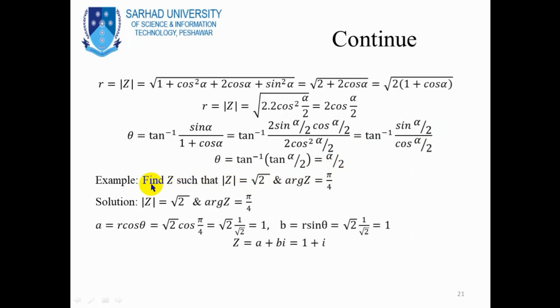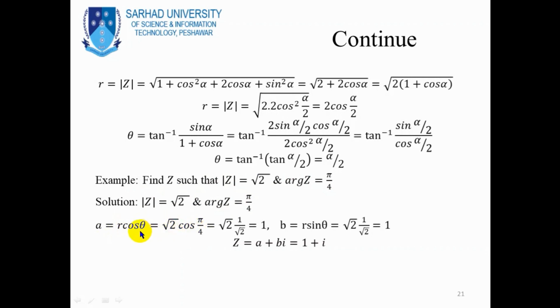Now another problem, find z such that magnitude of z is equal to under root 2 and argument of z is equal to pi by 4. So magnitude of z is equal to square root of 2 and argument of z is equal to pi by 4. So in this problem, a is equal to r cos theta, which is equal to under root 2 cos pi by 4. Under root 2 represents the r and theta is pi by 4.